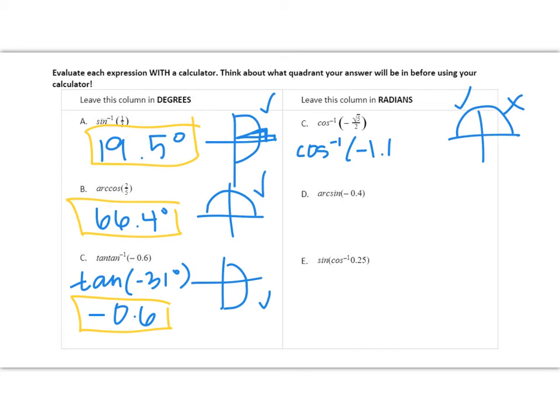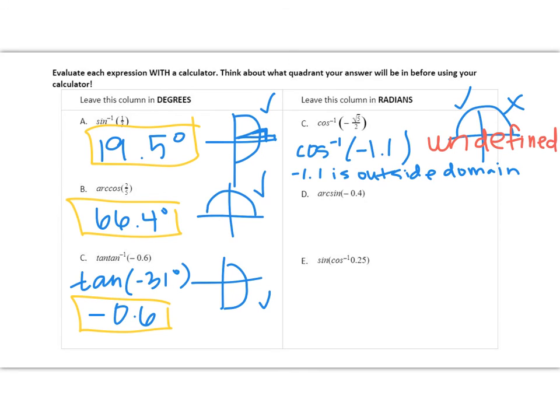And if you flip back one page in our notes and take a look at the domain of cosine inverse, you will see that the domain of cosine inverse is from -1 to 1. And -1.1 falls outside of those values. So because -1.1 is outside the domain, our answer is actually that this one is undefined.